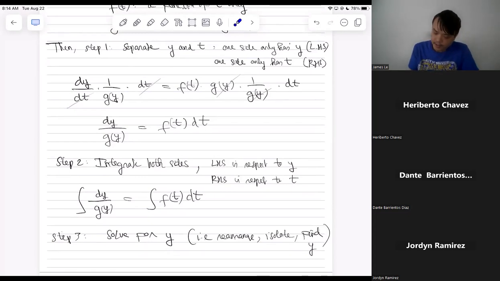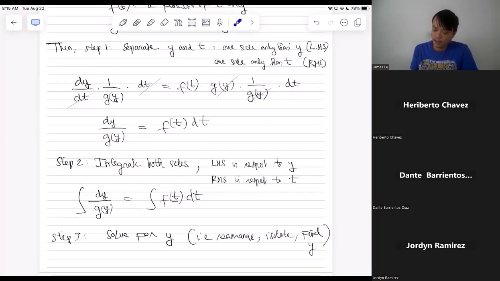The good thing right here is, if you have t too, for example, after you separate, you have one side with y and t, you cannot integrate it. Because y is a function of only one variable, t.